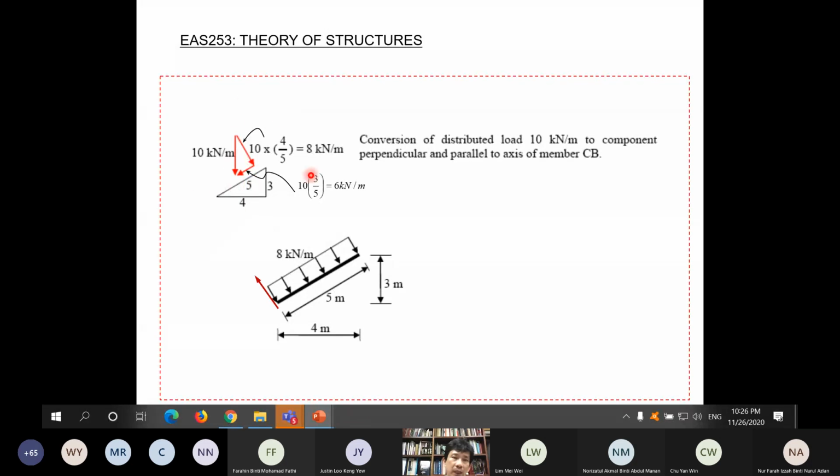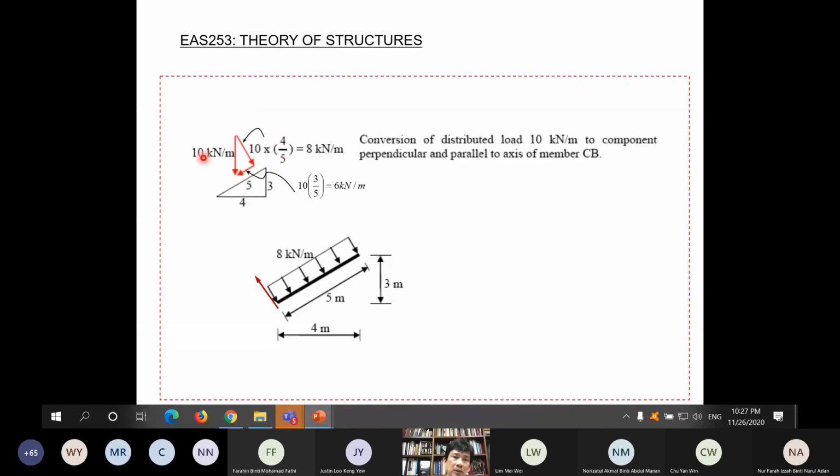So we make use of this diagram, make use of the information about inclination of this member, and we found that if this angle is theta, so this angle should be also theta. So if we make use of this relationship, then we get this component perpendicular to the axis is 10 multiplied with 4/5.